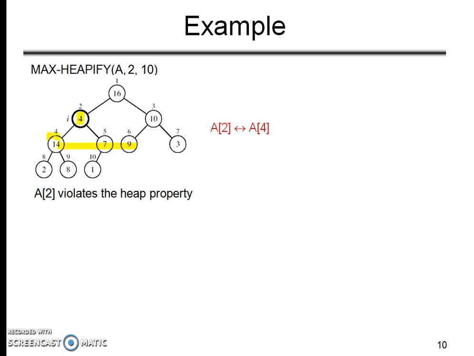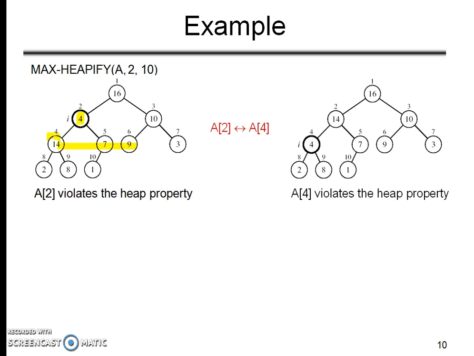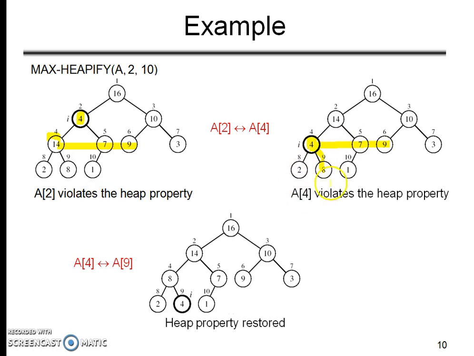So exchange 2 and 4. Now with this exchange, we still have a violation of the property, so exchange 4 with its maximum child. So finally we have the heap property restored.